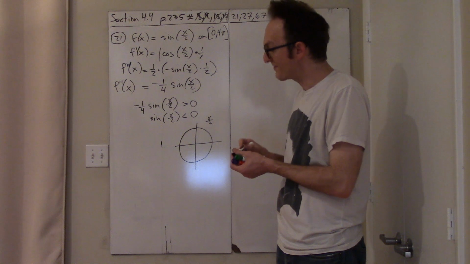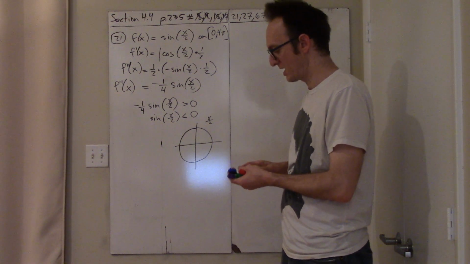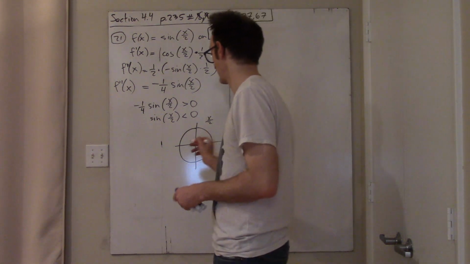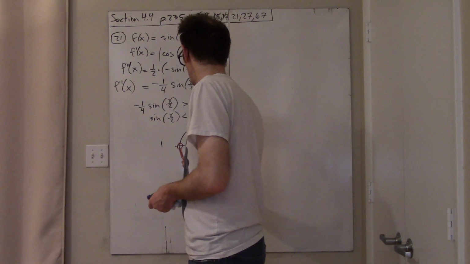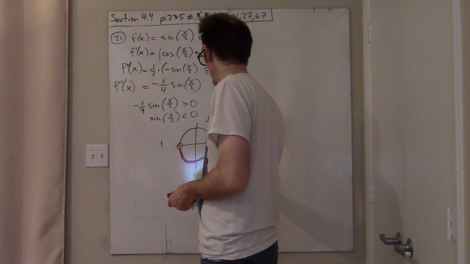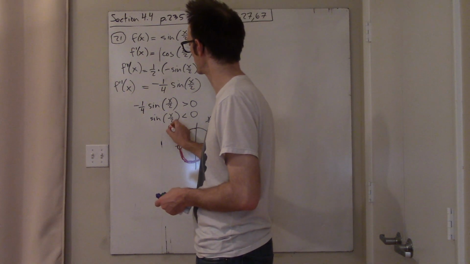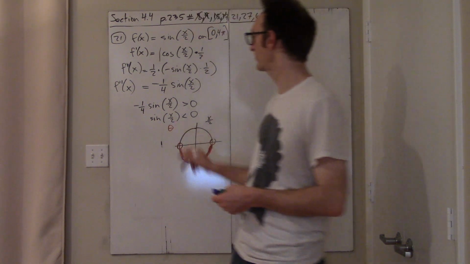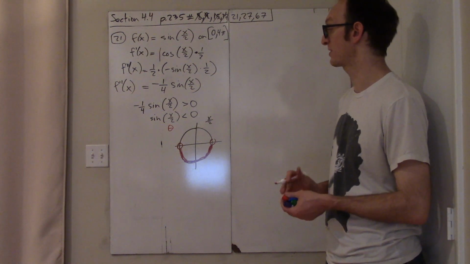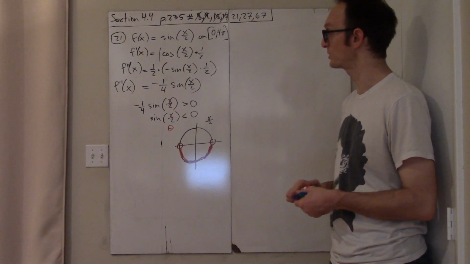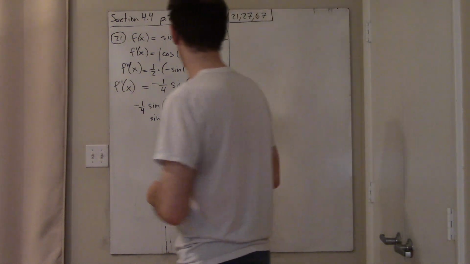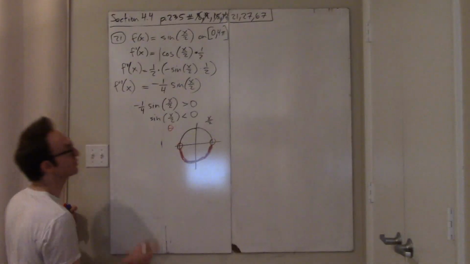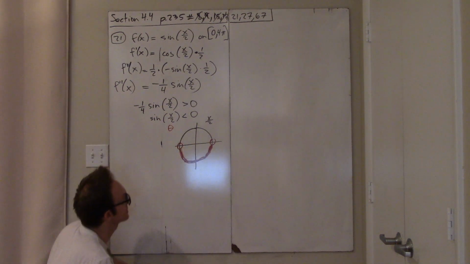Well, the sine of anything will be negative when the y coordinate is negative. And so we're talking about this. Okay. And so that's the picture associated with this equation, where it's almost as if we're temporarily calling x over 2 theta or something, and then we're doing it like we normally do. Okay, and now looking at this picture, it's tempting to say, okay, well it's just everything between pi and 2 pi.